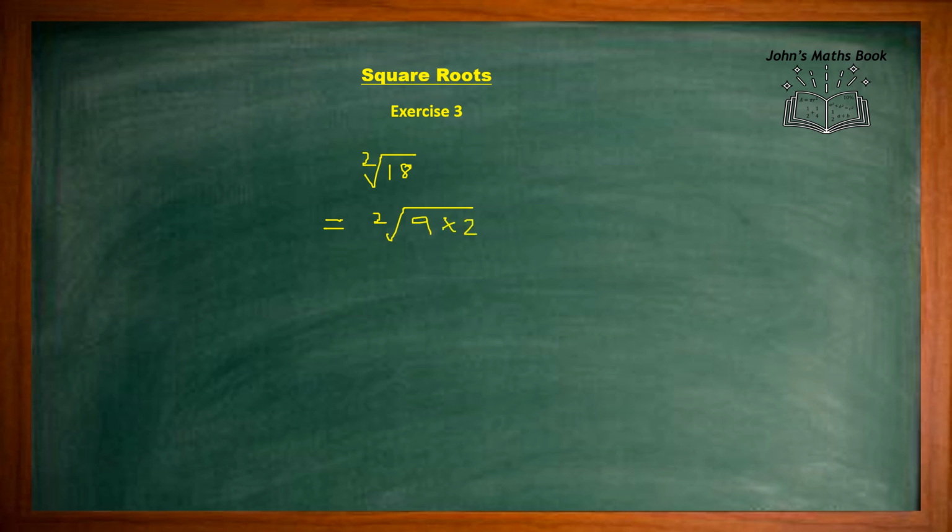So it's the square root of 9 times 2, which can be written as the square root of 9 times the square root of 2. So we know that 9 is a perfect square, and the square root of 9 is 3, because 3 times 3 is 9. So don't forget it's plus or minus 3 multiplied by the square root of 2.